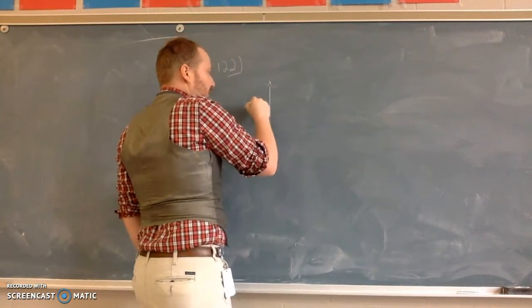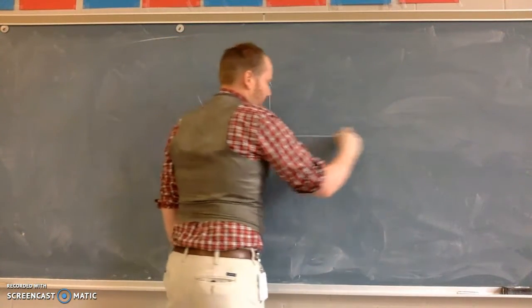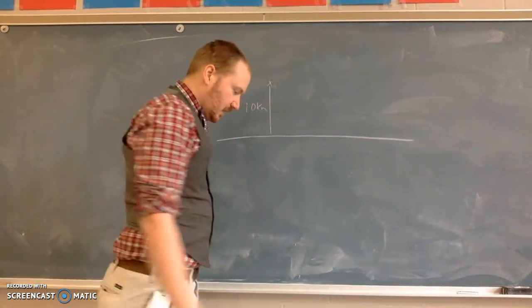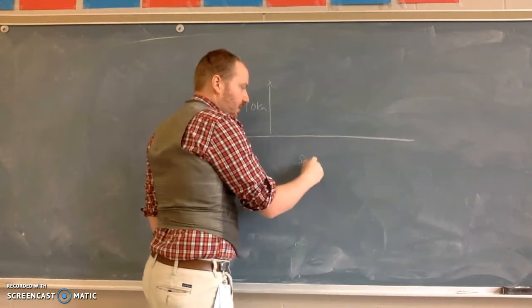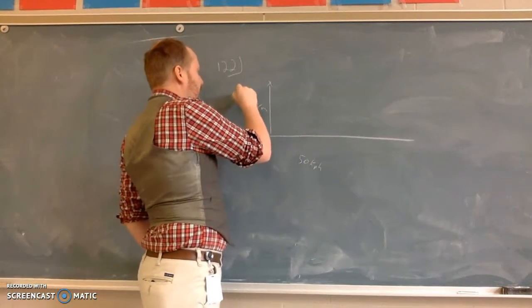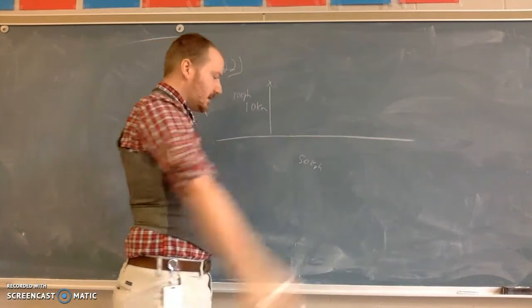Alex is 10 kilometers from a long straight road. We know on the road, Alex travels at 50 kilometers per hour, but in the desert, only 30 kilometers per hour.